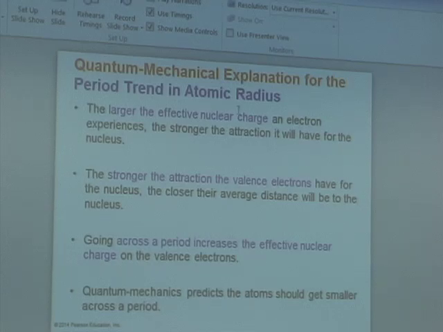And so the larger the effective nuclear charge, the more attraction the valence electrons have for the nucleus. And going across the period, what happens to the effective nuclear charge? It increases. So you will probably want to write down in a periodic table, Z effective increases going across the period.